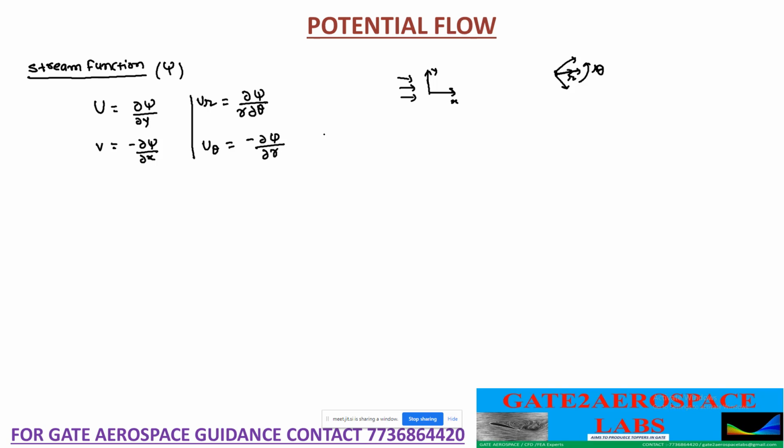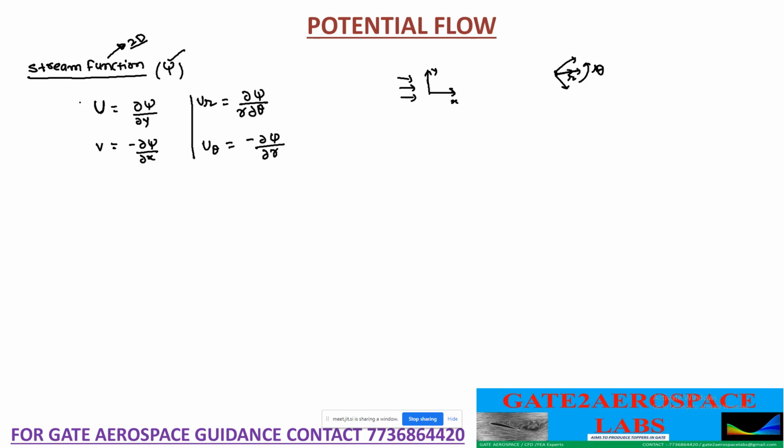Okay. So, if the stream function is known to us, we can determine the velocities. Okay, and stream functions, we know, exist for 2D flow only. Okay, two-dimensional flow only.